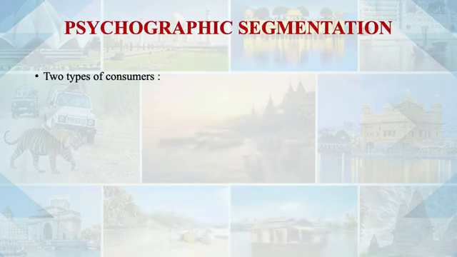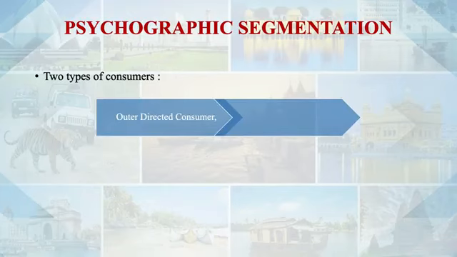From the tourism marketing point of view, the need-driven segment has little apparent appeal, since this part of society lacks purchasing power as well as interest power. There are again two other types of consumer: the outer directed consumer and the inner directed consumer.